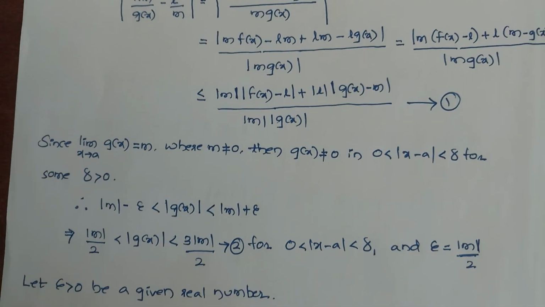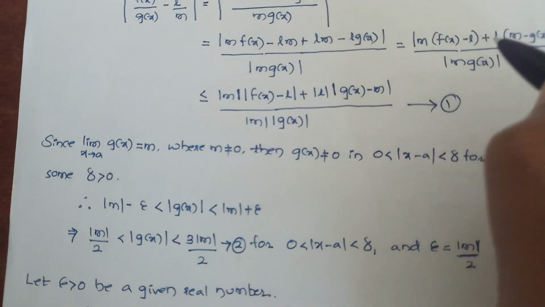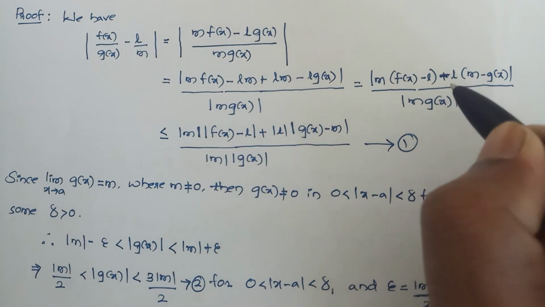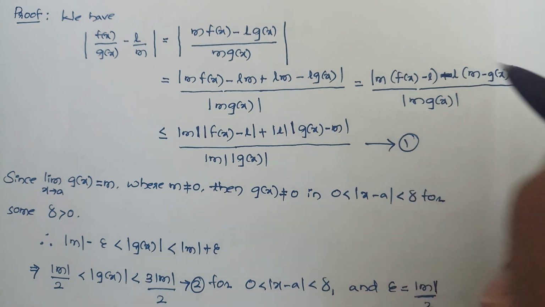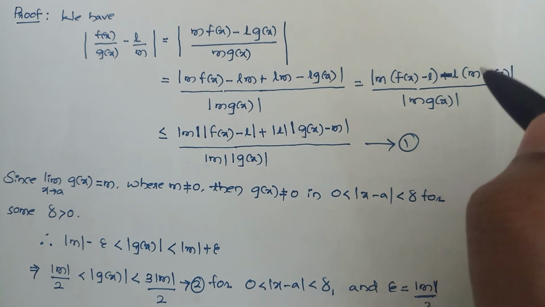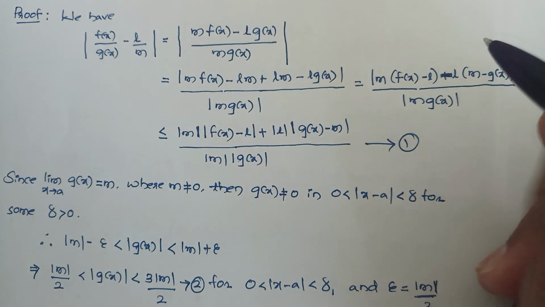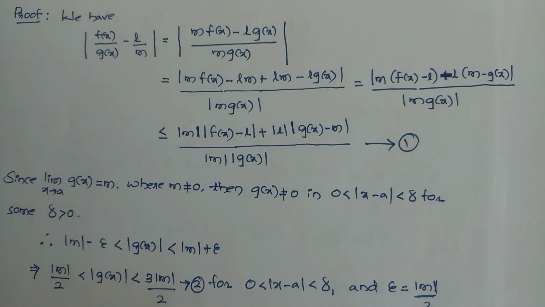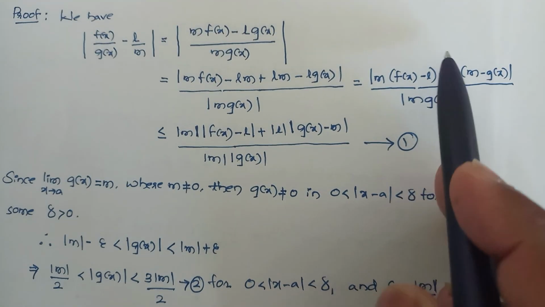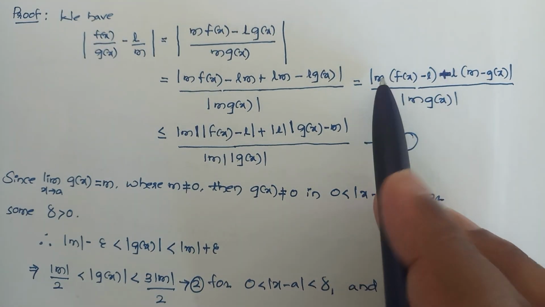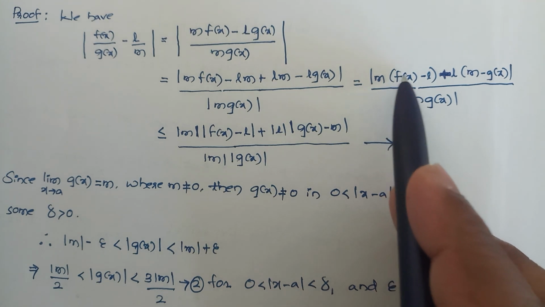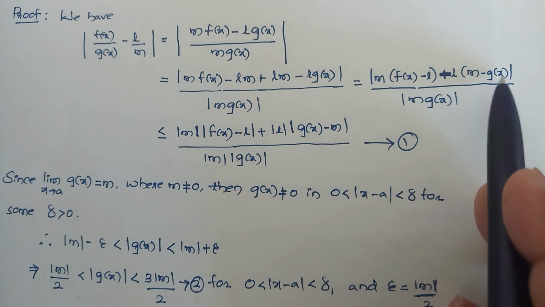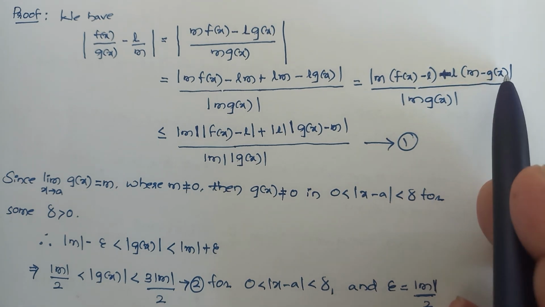So if I take modulus separately, then it will be modulus of m into modulus of f of x minus L plus modulus of L into modulus of m minus g of x.